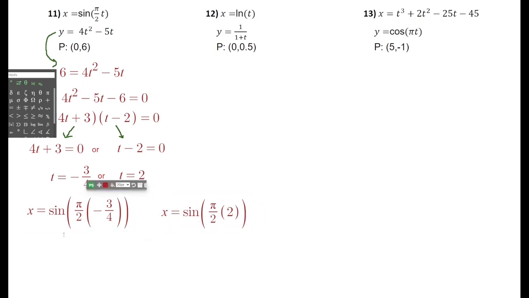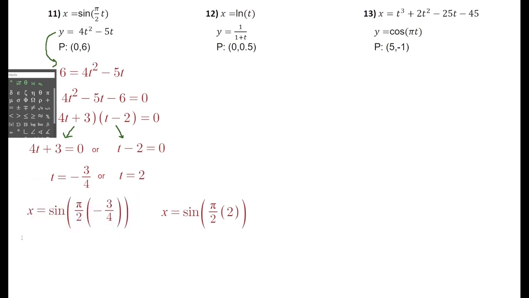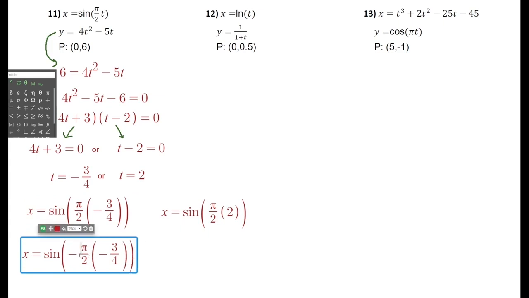So let's simplify this a little bit, okay? When I multiply pi over 2 by negative 3/4, what I'm going to end up with is negative 3 pi over, let's see, 2 times 4 would be 8. So we're going to get something that is not likely going to be a solution here.